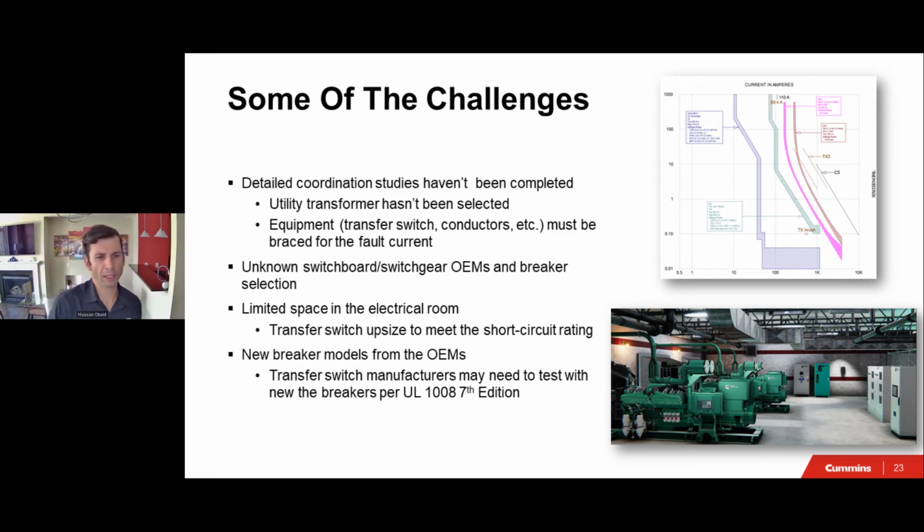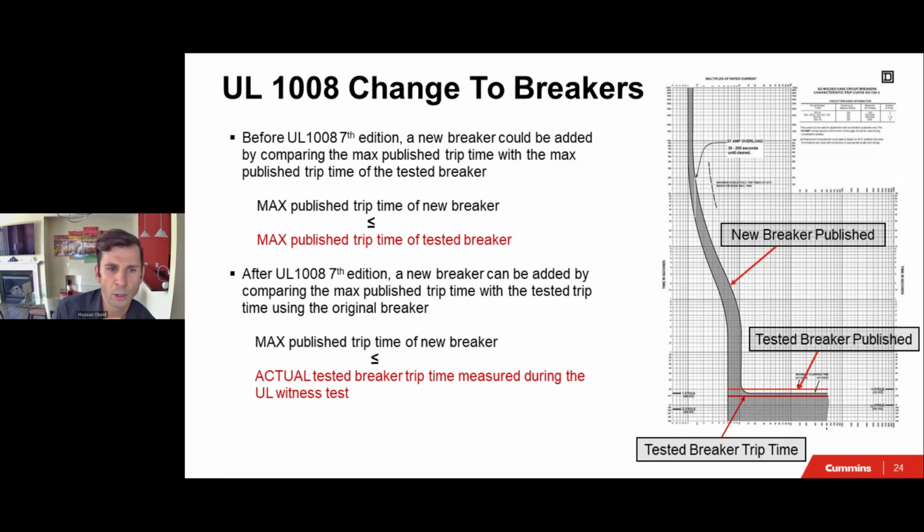Since we're talking about breaker selections, let's touch on that topic a little bit. So what are the UL 1008 changes to breakers? Before UL 1008, 7th edition, a new breaker could be added by basically doing a paper study.